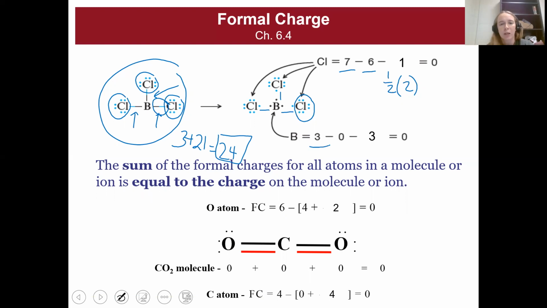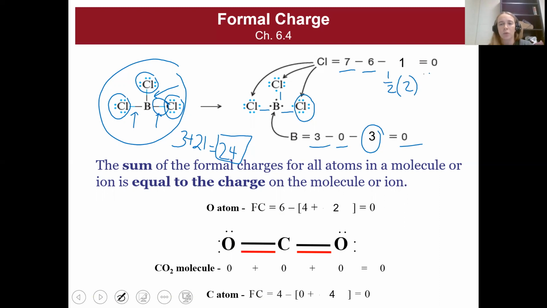So boron has 3 valence electrons. It doesn't have any lone pairs on it, and we'll explain why in a later video. So that's a 0. And then there are 3 bonds between boron and the 3 chlorine atoms. So 3 bonds, we subtract 3, we get to 0.